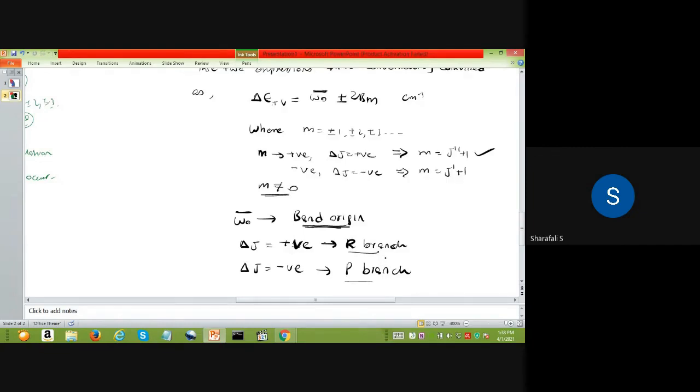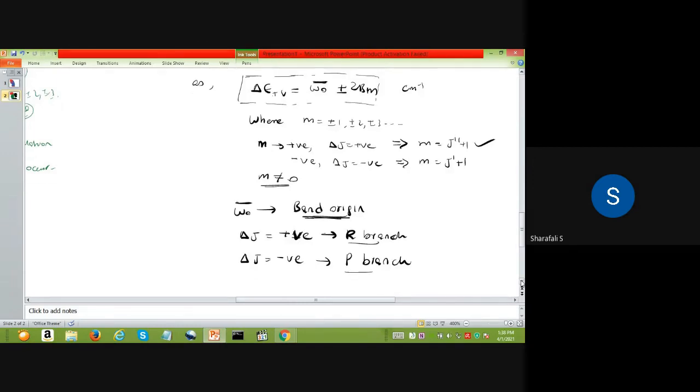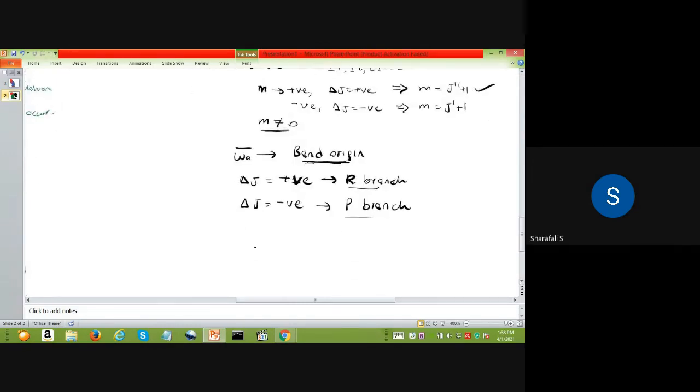All these calculations up to this point we have done without the centrifugal distortion constant D. We have considered the D value, which is very small, and approximated it to 0.